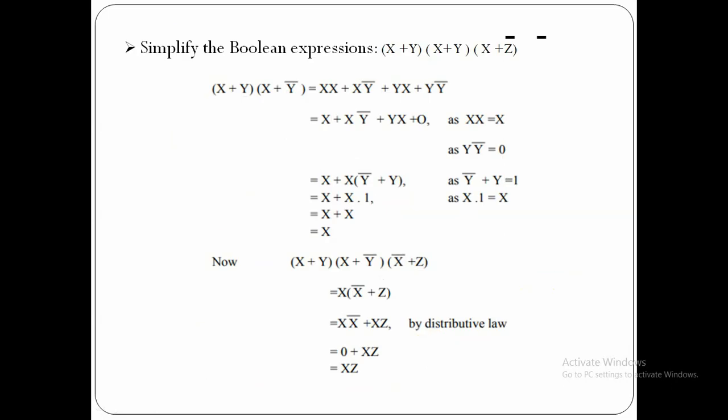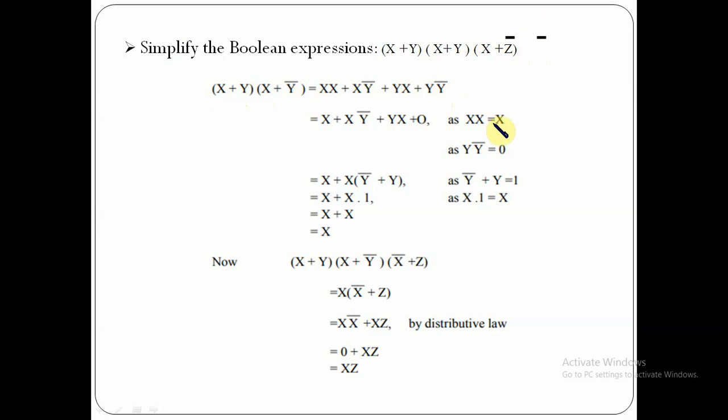Another example here is given, that is X plus Y, X plus Y plus X plus X bar plus Z bar. Sorry, this is by mistake, this bar will be here and this bar will be here. We take the first two brackets, X plus Y bar, multiplied, that is X and X Y bar, Y X and Y Y bar.